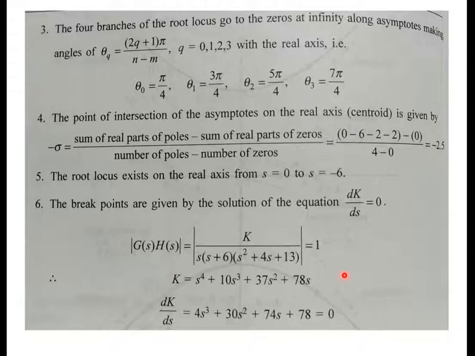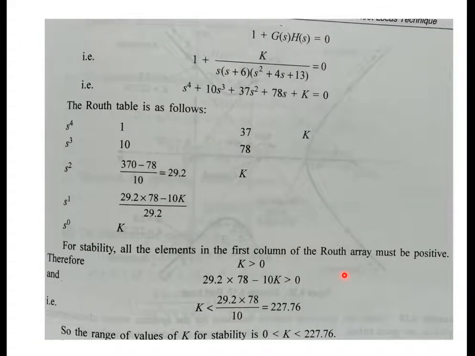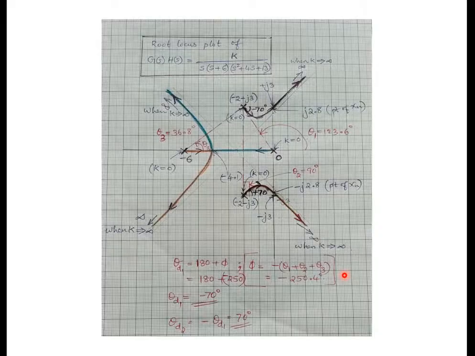So you can see that two of the breakaway points are complex, with real part minus 1.65, which is somewhere here, and a breakaway point is not possible there. As there is no root locus branch in this fashion, the only valid breakaway point is minus 4.1.